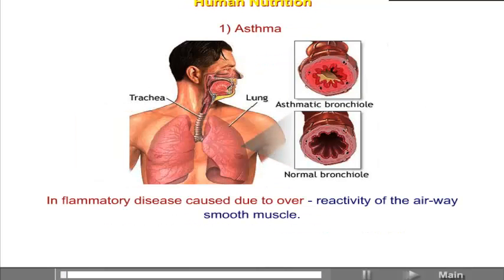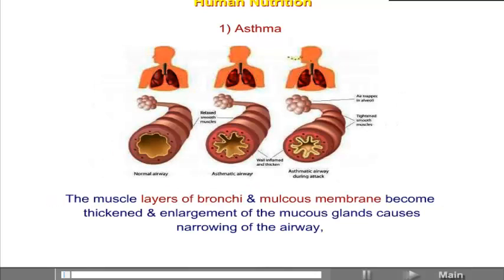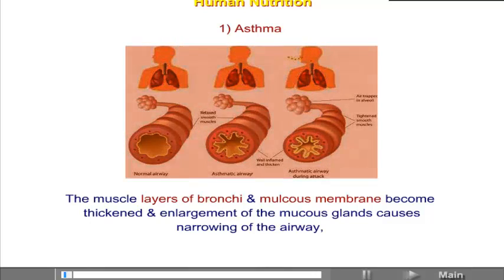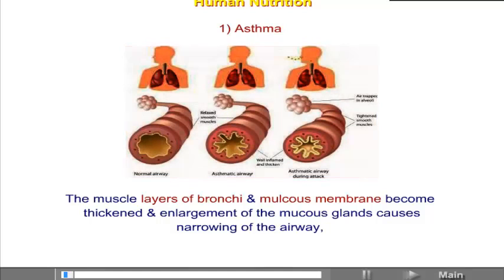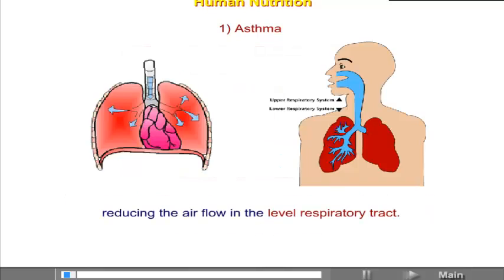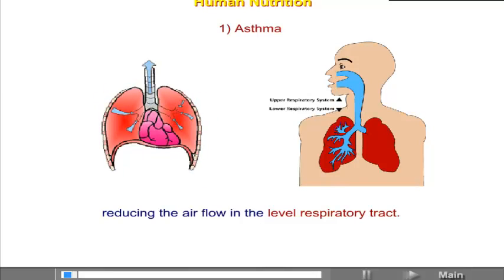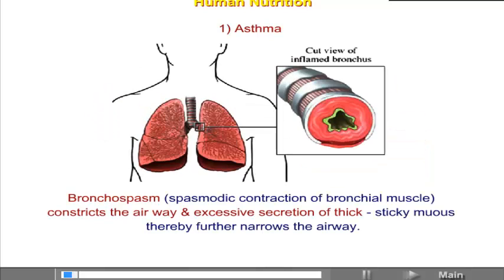Asthma is an inflammatory disease caused due to overreactivity of the airway smooth muscle. The muscle layers of bronchi and mucous membrane become thickened, and enlargement of the mucous glands causes narrowing of the airway, reducing the airflow in the lower respiratory tract.